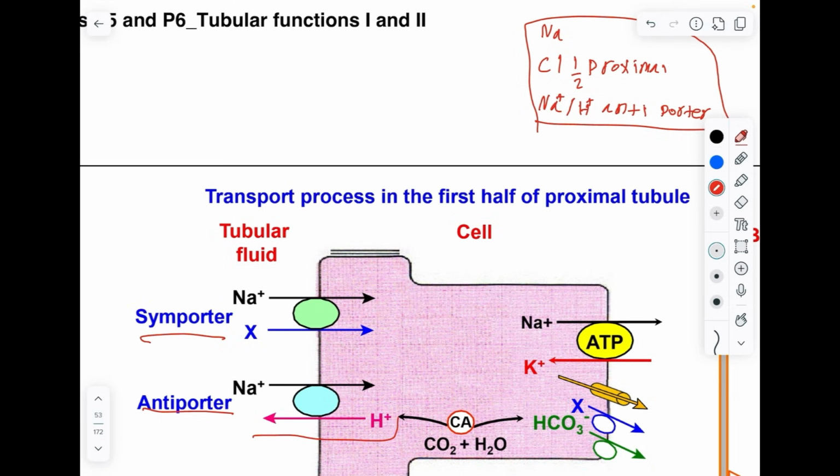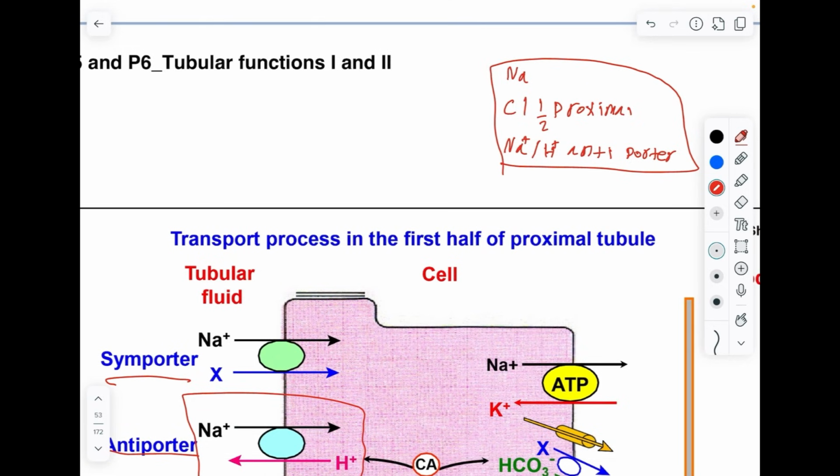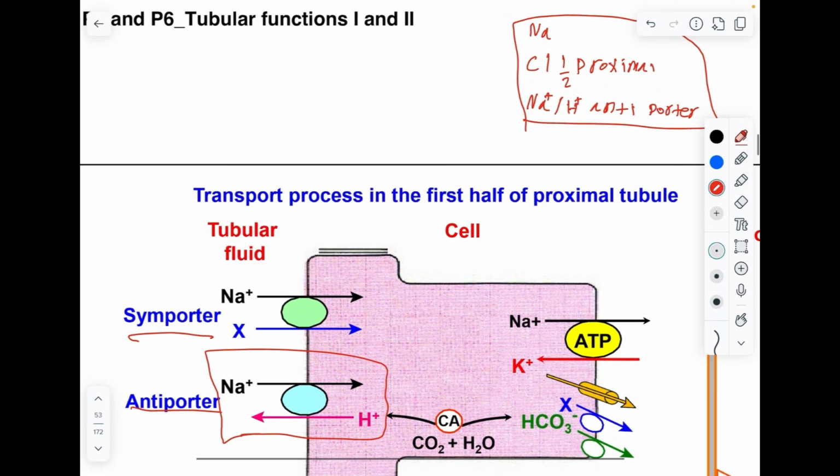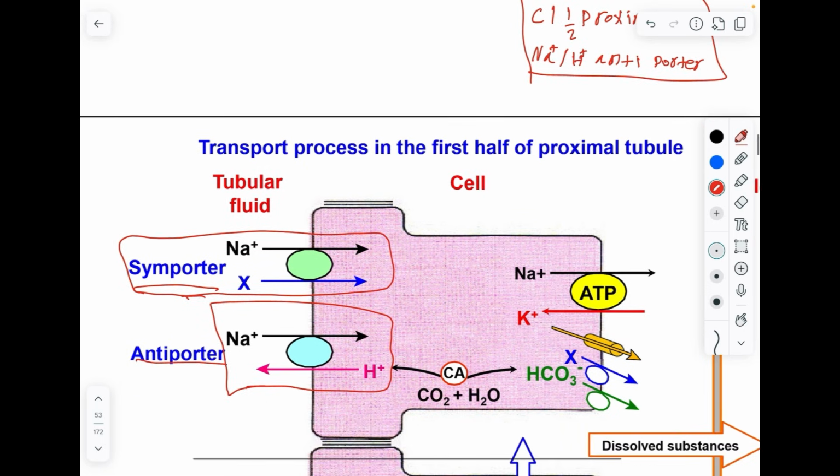And as we said, we always have a sodium H plus antiporter, except for the last part of the nephron. So it's there, okay? And what else should you know is that we have a symporter here only in the first half of proximal tubule. So what I'm trying to do here, guys, I want to give you some rules that you will follow. And inshallah, in each part of the nephron, I will tell you what's special about this exact part.